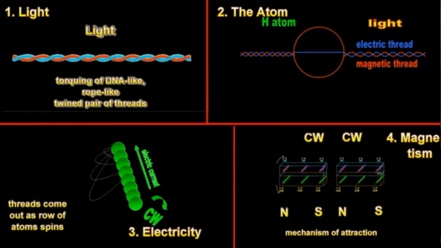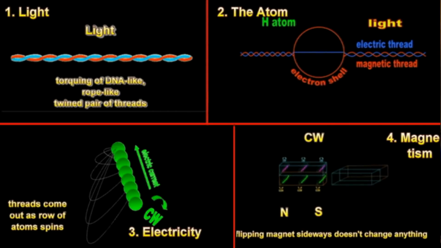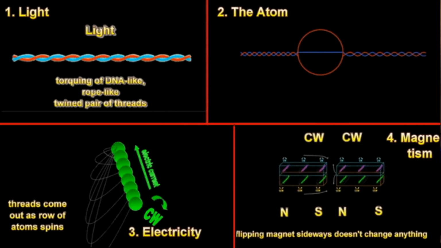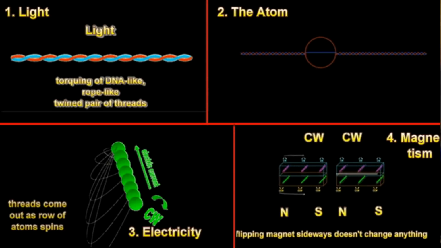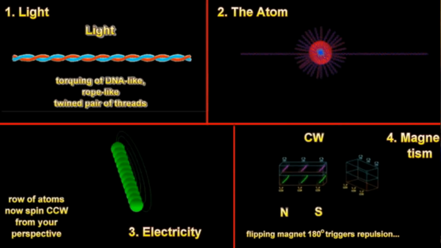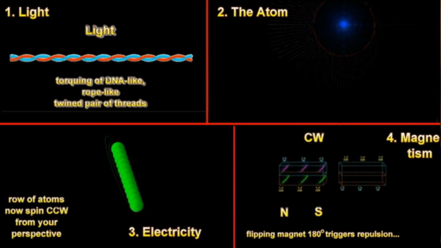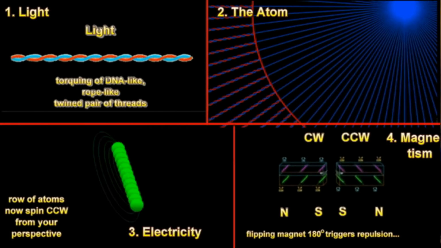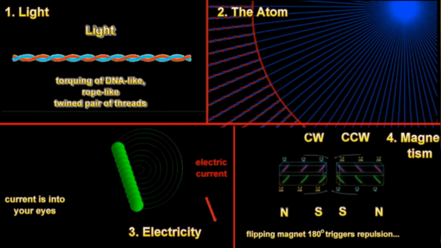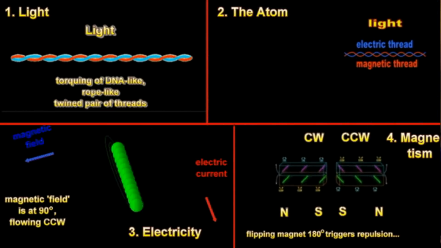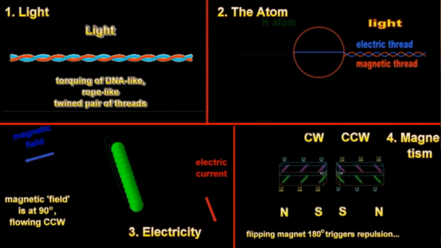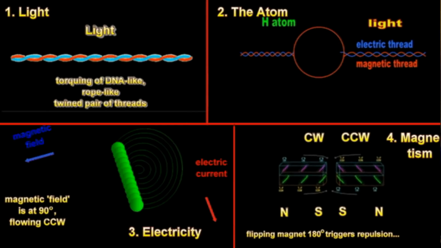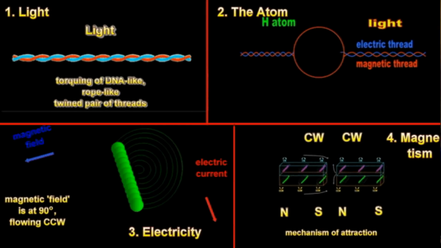Bottom left, we have electricity, number 3 there. And what we have is a row of atoms. Really, it's a row of molecules that spin in situ. These are aligned molecules. They spin in situ, and by doing so, they release the threads. And the threads move around the row of atoms, which we will call a serpentine.